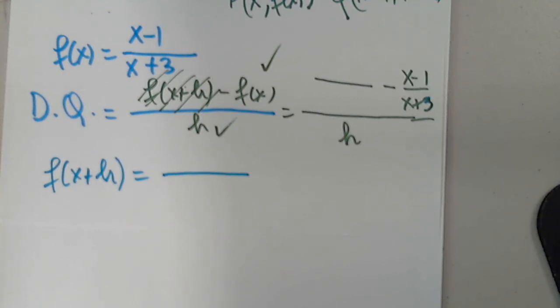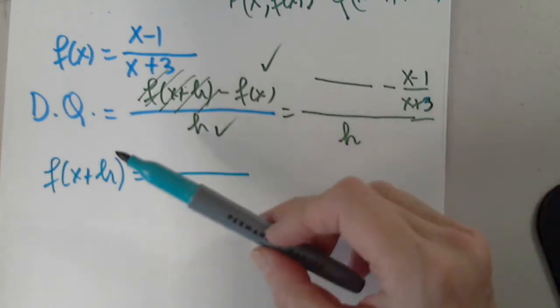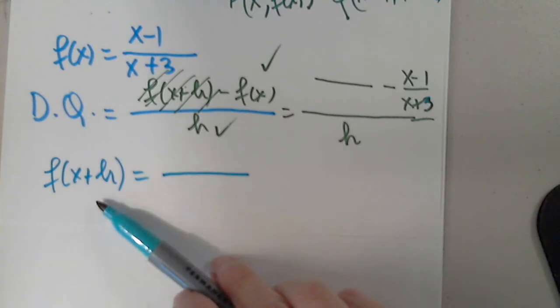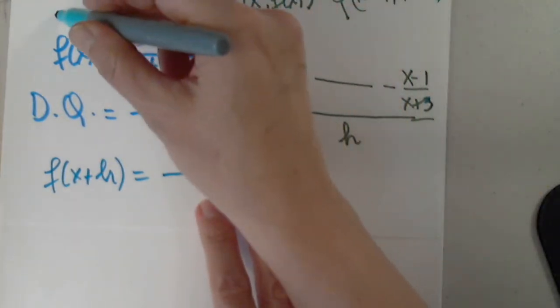Anyone? What do you think we have to write for f of x plus h given this function?